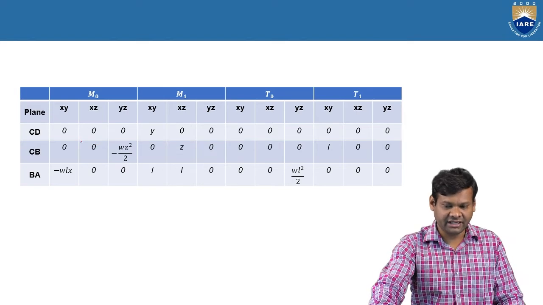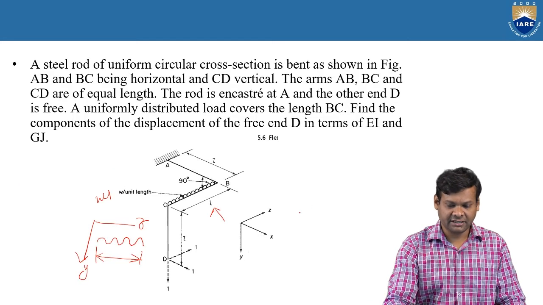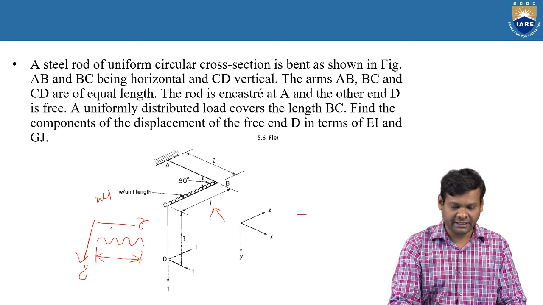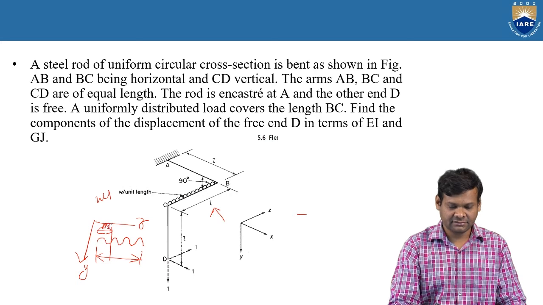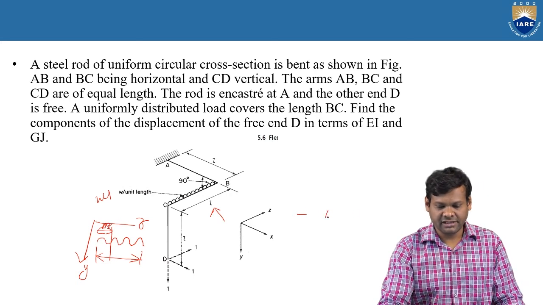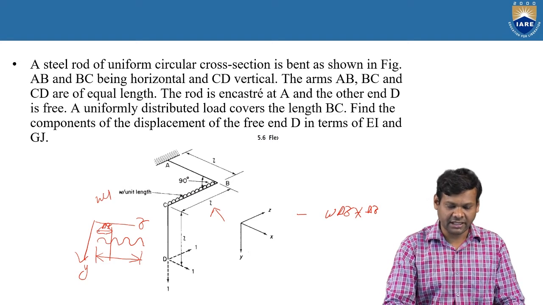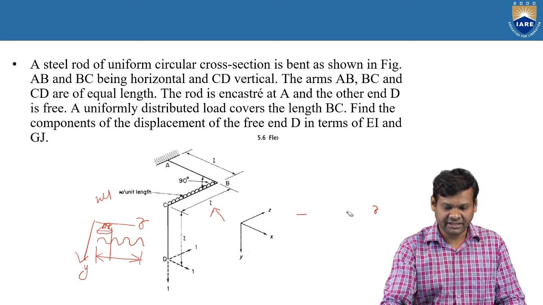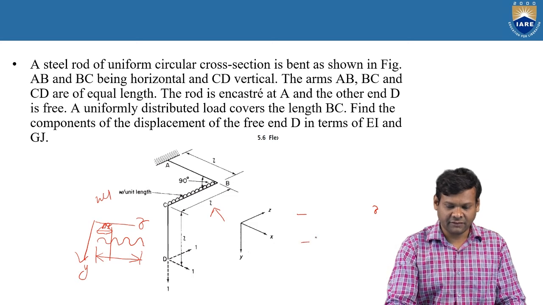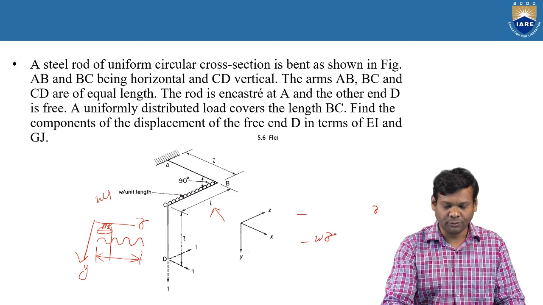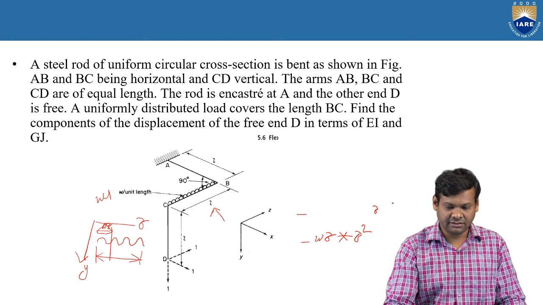And finally, what we get is the total magnitude of load at a point z, over a small element delta z, is W into delta z. What we can write finally is the magnitude of load Wz into the moment arm, which is acting at the center, z by 2.